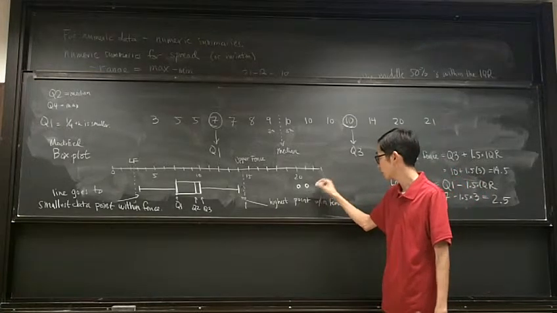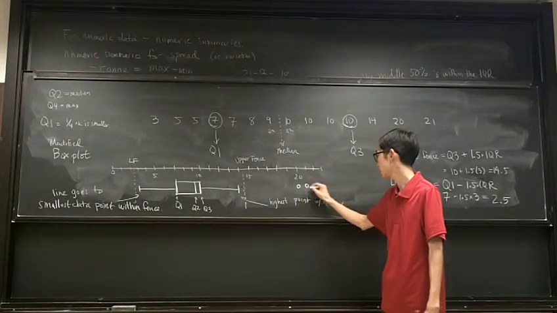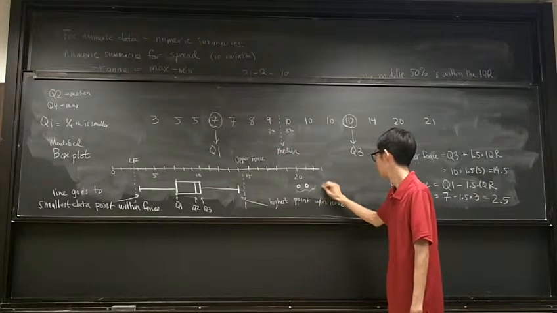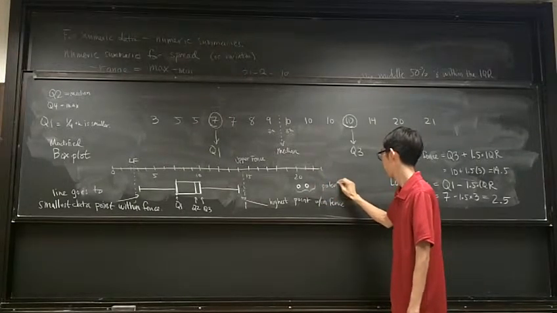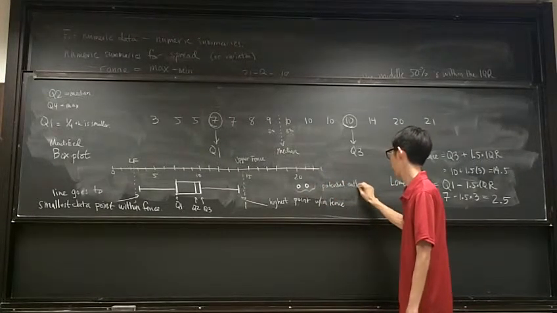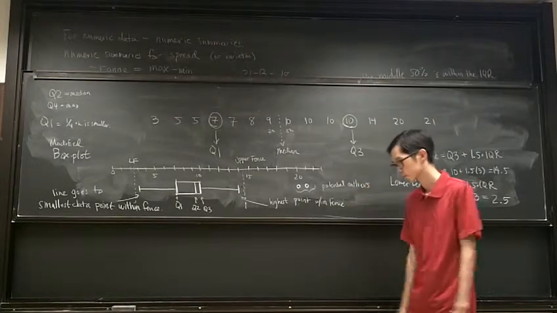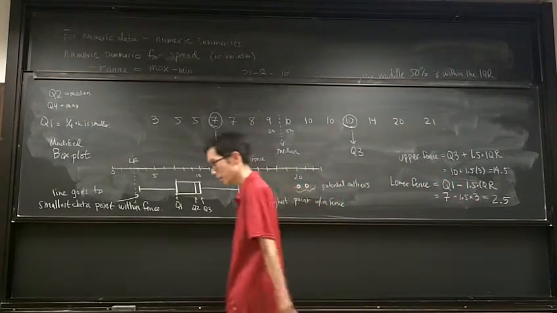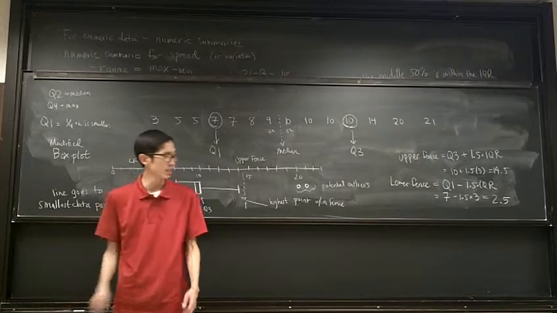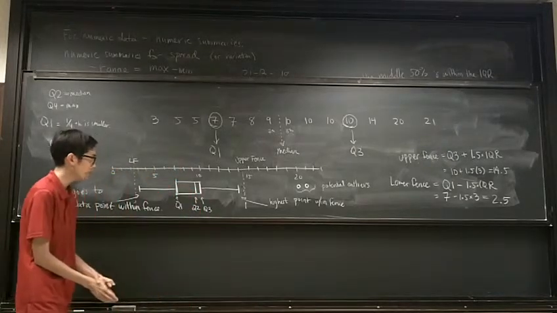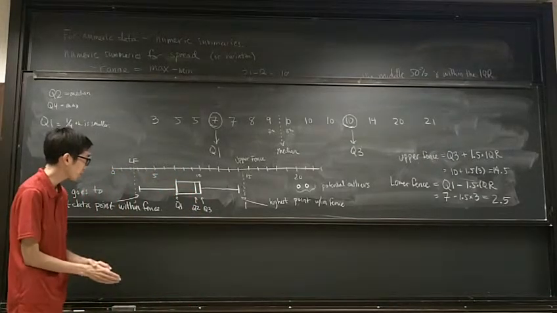These are listed as potential outliers, or we can just say they're outliers. And that's the making of a box plot.